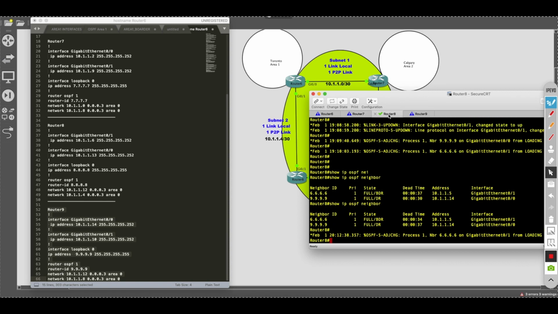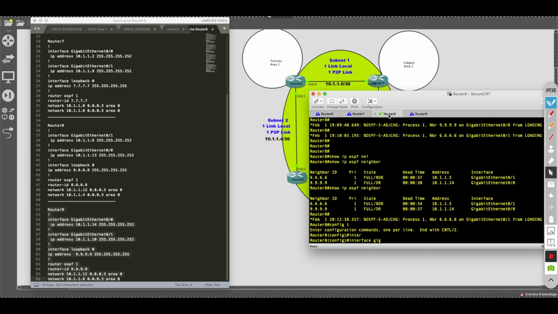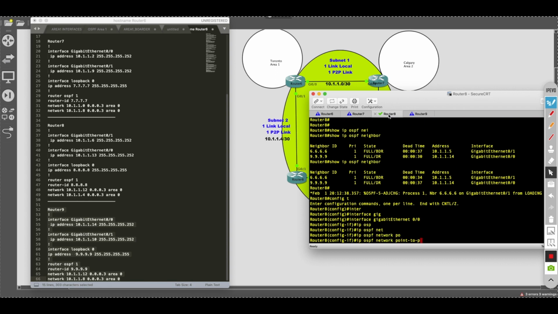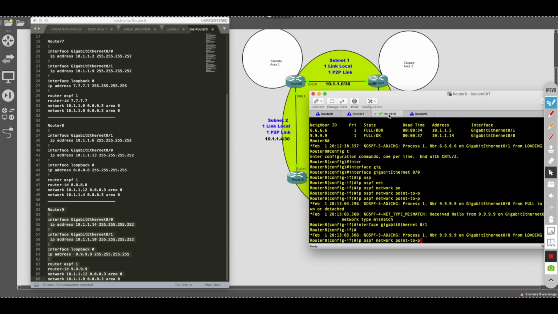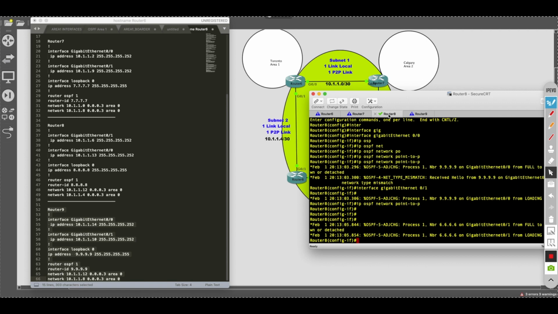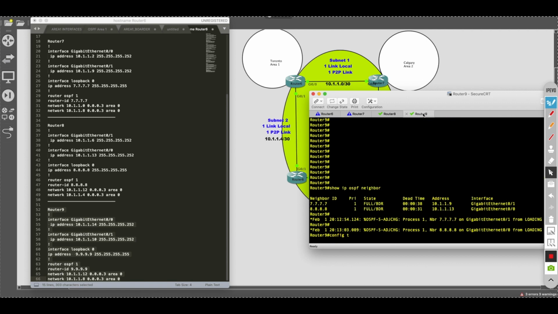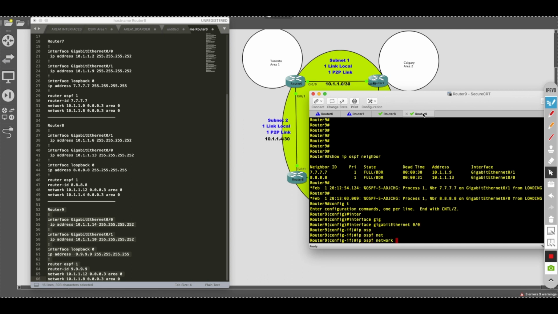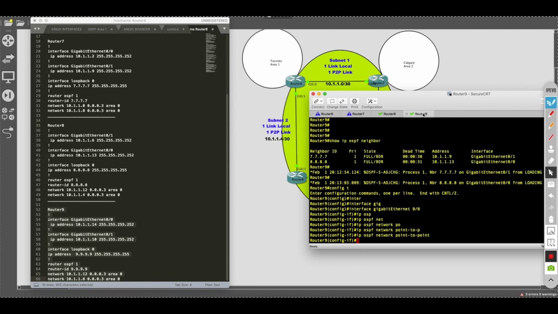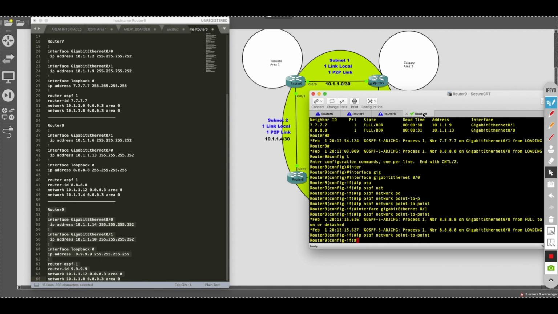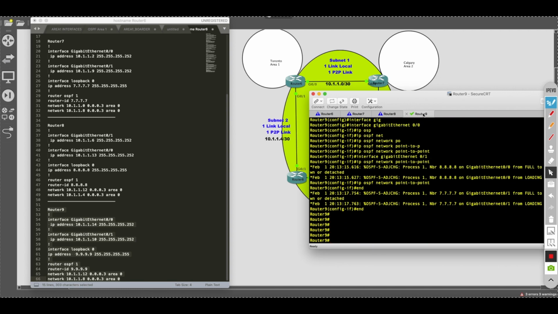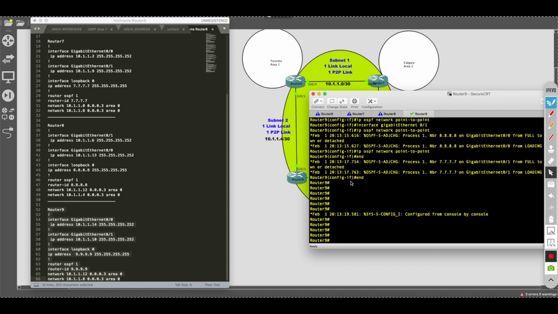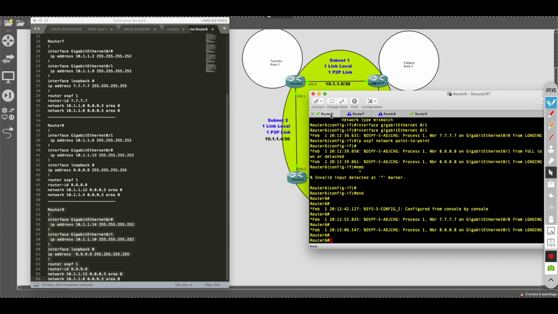Bear with me here really quickly. And last one. Now this has reinstantiated a whole OSPF re-adjacency establishment.